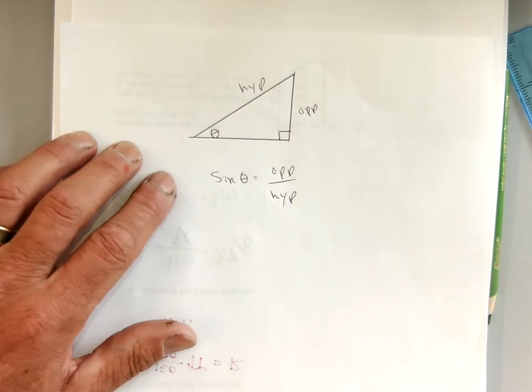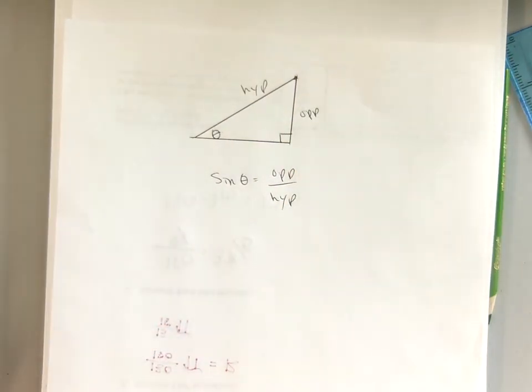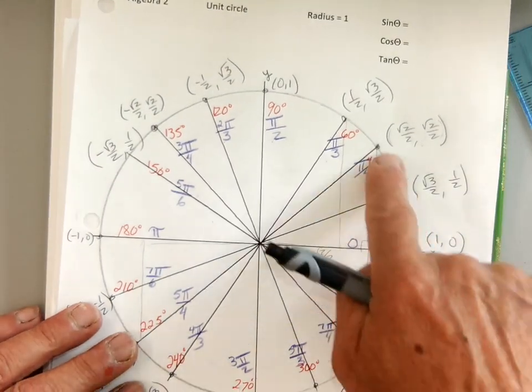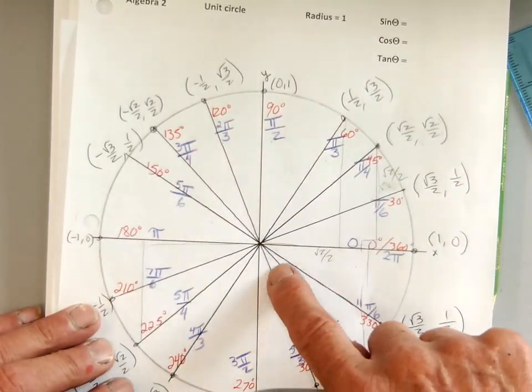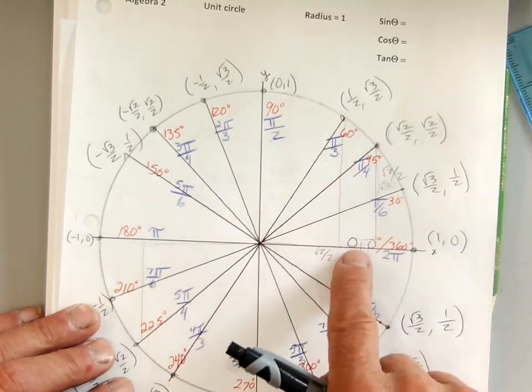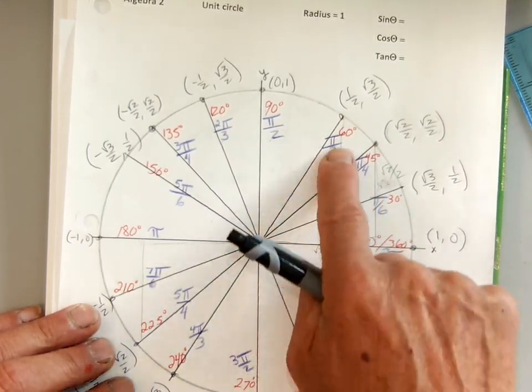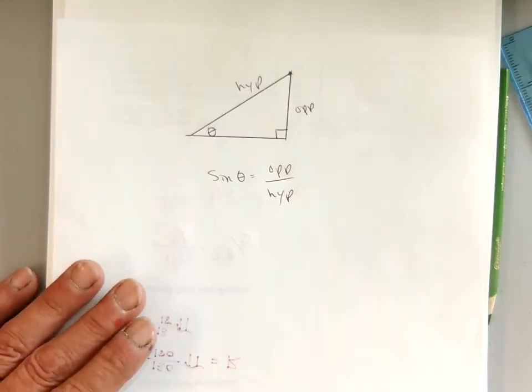We know that when we put this on the unit circle, the hypotenuse of these triangles drawn is 1, and our opposite side is this height. This height is the y value. So we're going to change this.